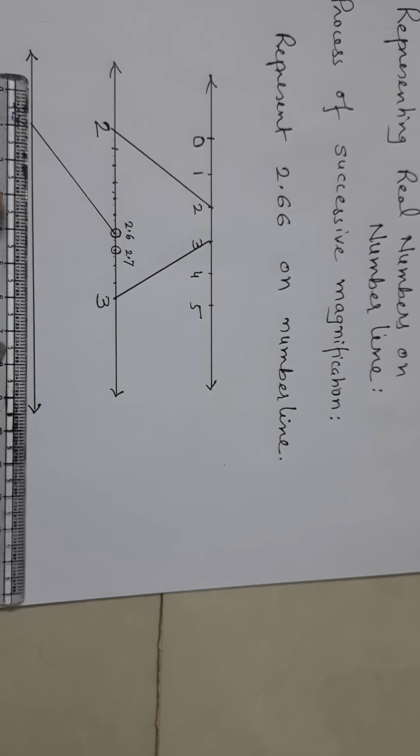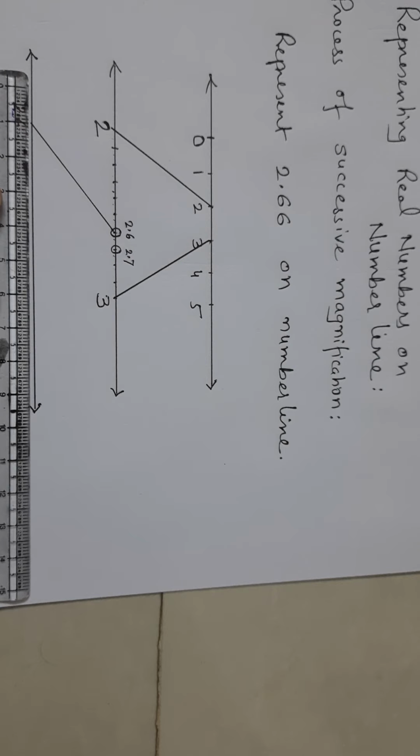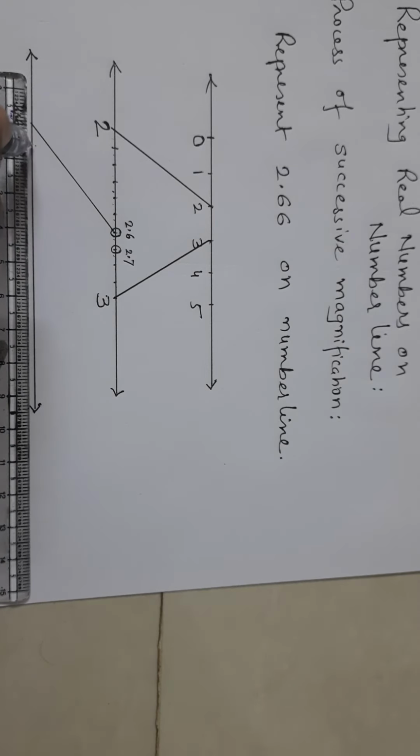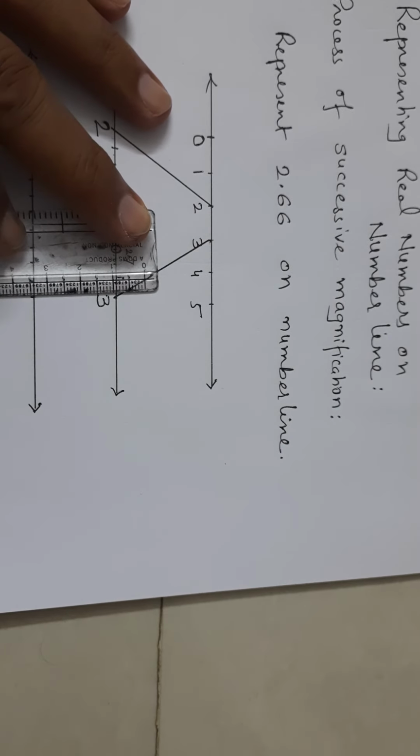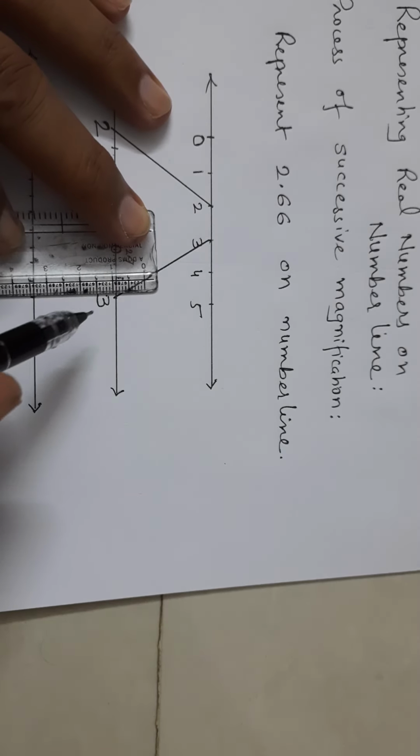So I beforehand divide into 10 equal parts. 1, 2, 3, 4, 5, 6, 7, 8, 9 and 10. Remember, this should be in equal parts.